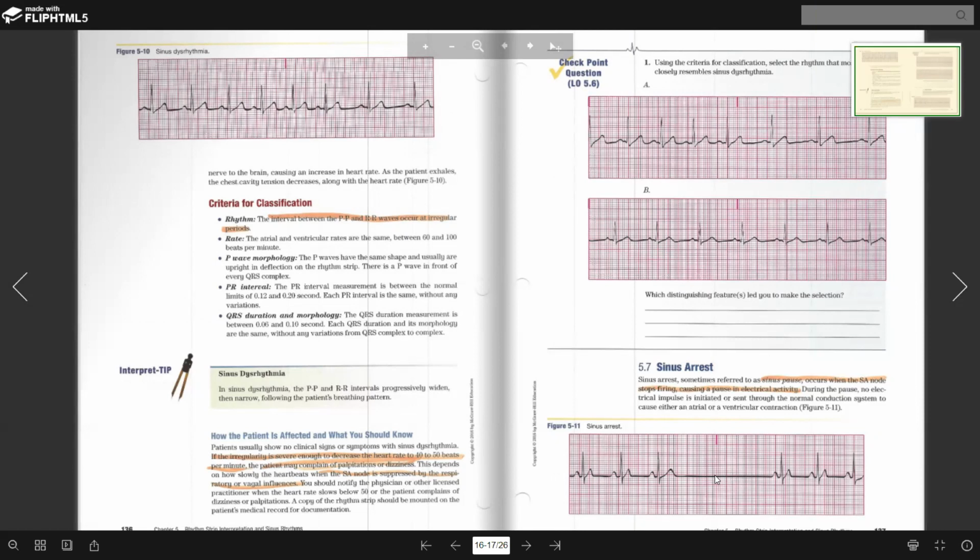Is this a sign that the AV node takes over next? You're getting ahead of yourself, Janie. Okay. When the SA node stops firing, remember every cell in your heart has the ability to take over.